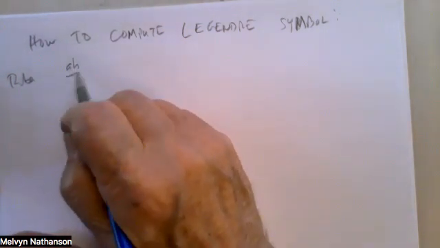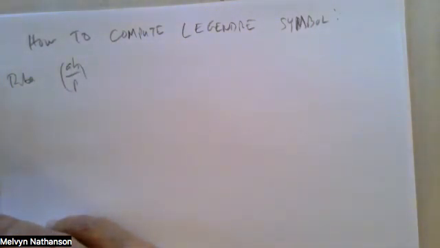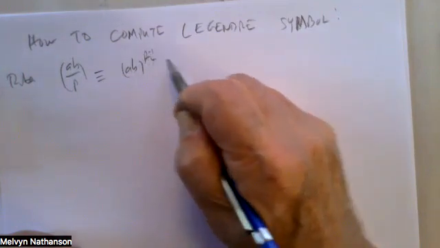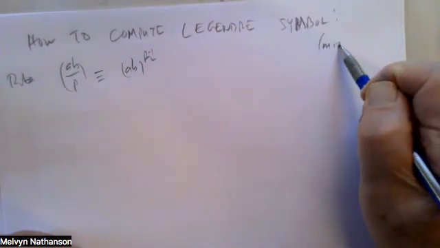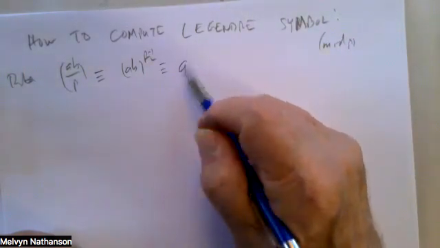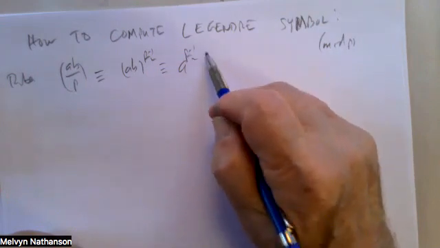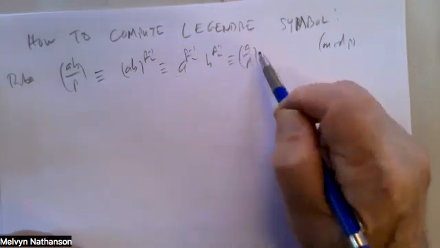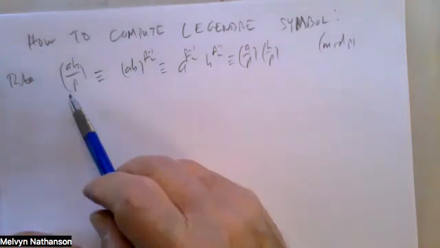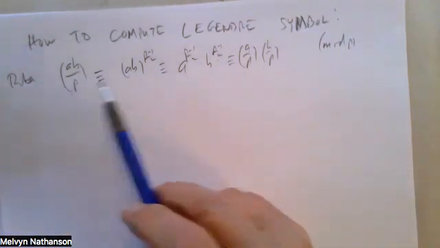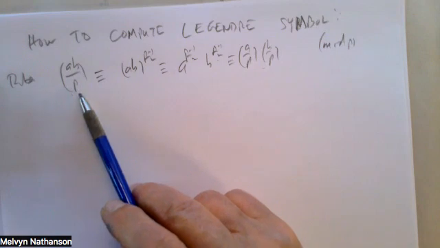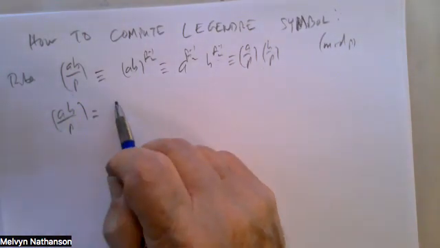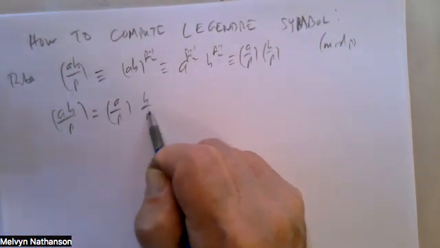AB over P is congruent to AB to the P minus 1 over 2 mod P, which is the same as A to the P minus 1 over 2, B to the P minus 1 over 2. This is congruent to A over P, and this is congruent to B over P. So this number is congruent to this number mod P. These numbers are both plus and minus 1, so they have to be equal. So AB over P is A over P times B over P.